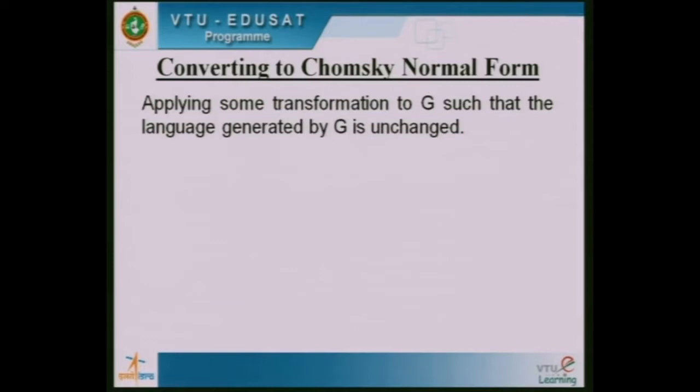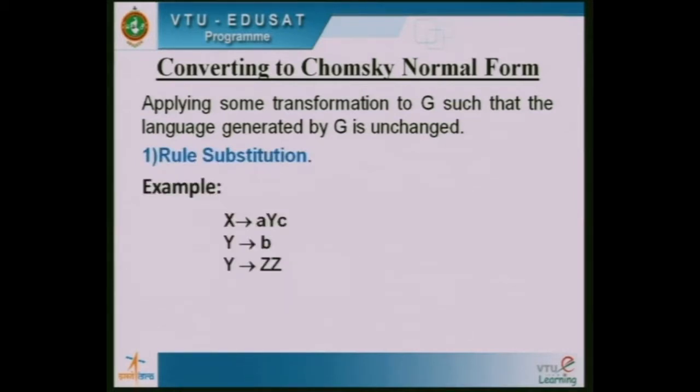Before converting, we can apply some transformations to this grammar such that the language generated by the grammar is unchanged. One simplest transformation is rule substitution. For example, you have X → aYc, Y → b, Y → ZZ.